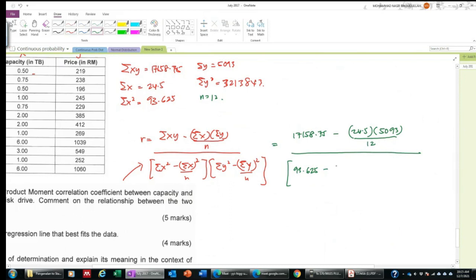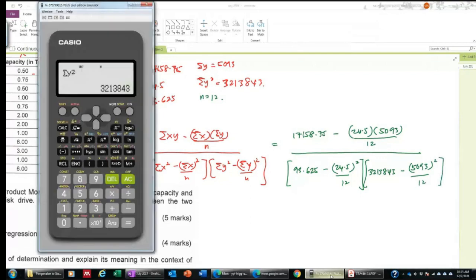625. This is 24.5 squared divided by 12. And then the next one is going to be very long: 3213843 minus 5093 squared divided by 12. So you don't need to calculate.